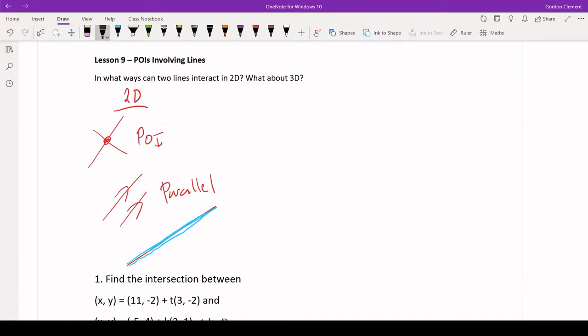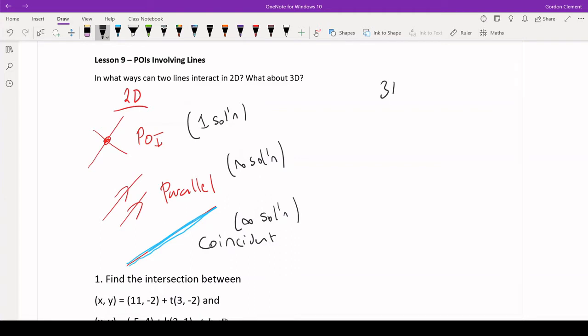The fancy math word for that is coincident, which means they're the same line. We'll say that this one has one solution. There's one point in common between those two things. Parallel has no solutions. There's no points in common between them. And coincident has infinitely many solutions.